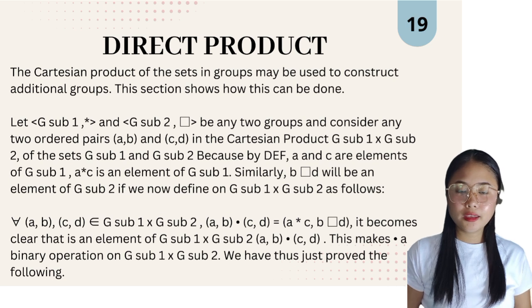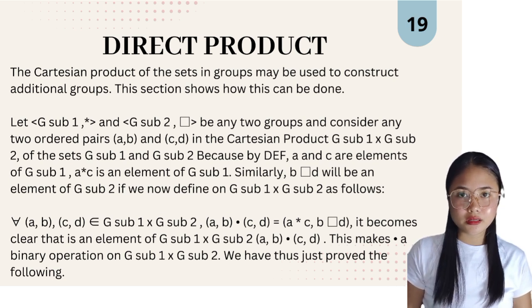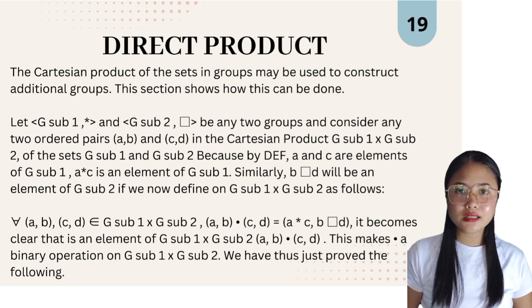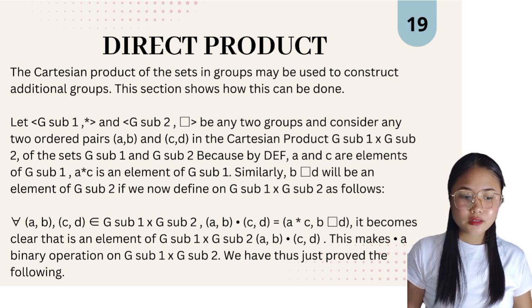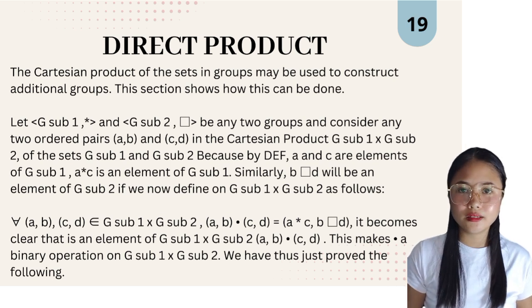For all (a, b) and (c, d) elements of G sub 1 times G sub 2, (a, b) times (c, d) is equal to (a star c, b times d). So it becomes clear that (a, b) times (c, d) is an element of G sub 1 times G sub 2. So this makes a binary operation on G sub 1 times G sub 2, and we have thus just proved the following.